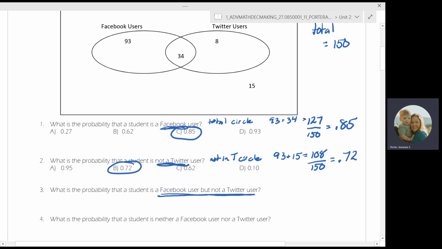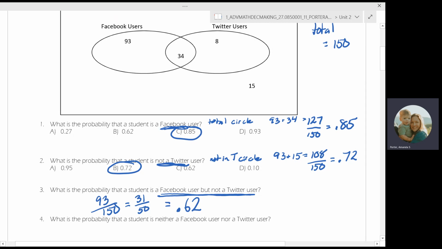So Facebook but not Twitter is 93 out of the total 150, because we're talking about everyone out there. You can leave it as 93 divided by 150, although that does reduce as a fraction. You have 31 over 50. I believe that is 0.62 if you want to put it as a decimal.